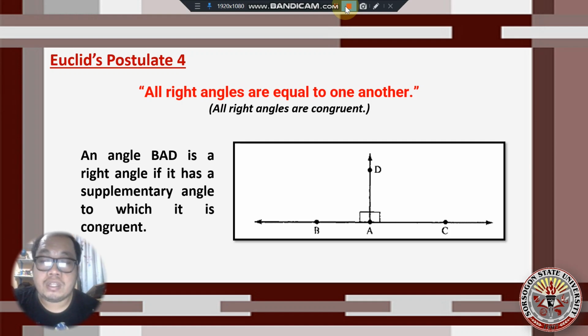Based on the statement mentioned a while ago, an angle is said to be right if it has a congruent supplementary angle. If we consider angle BAD, its supplementary angle is angle CAD. We knew that supplementary angles are angles having the sum of 180 degrees in terms of their measure.